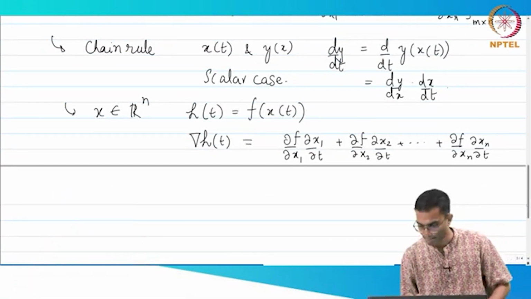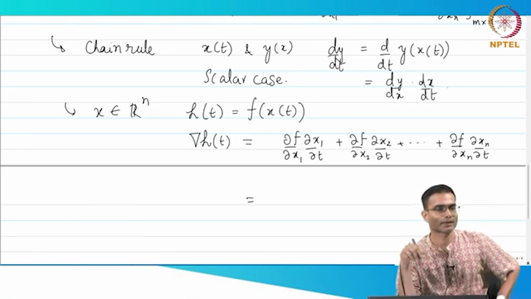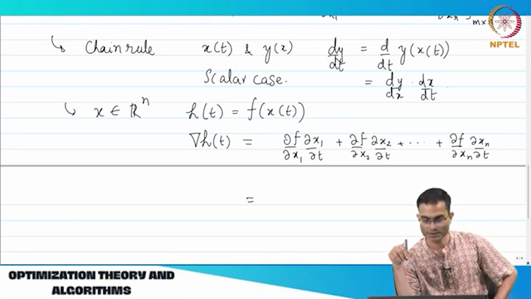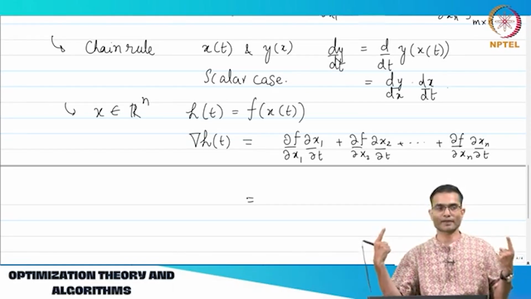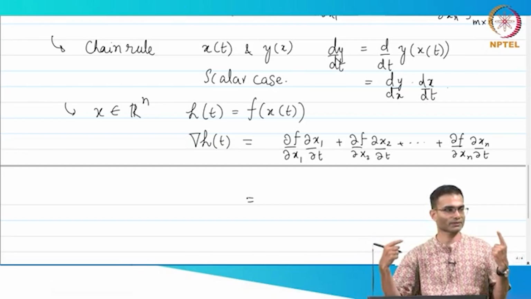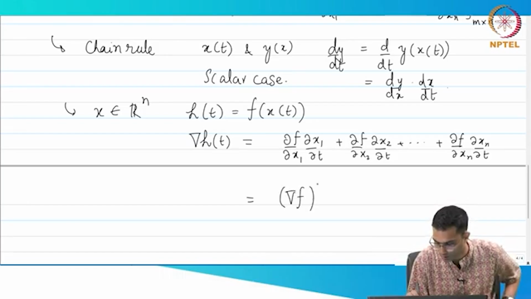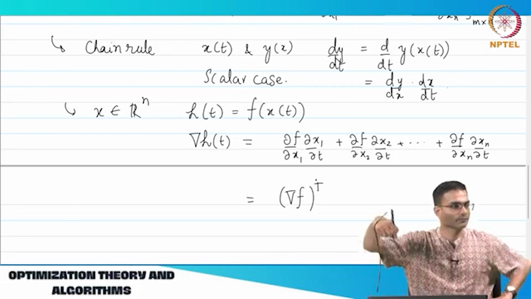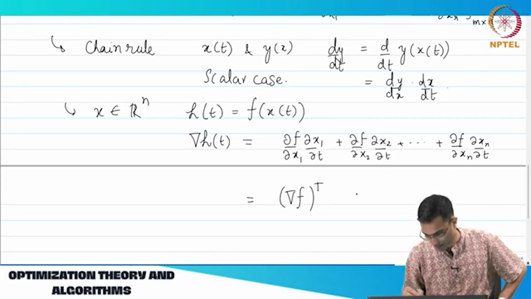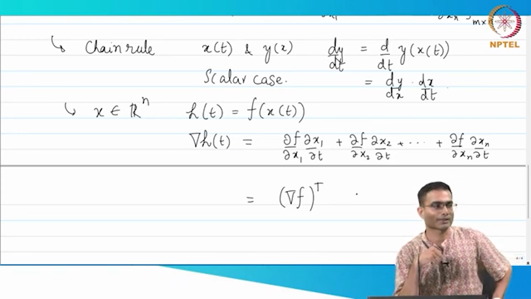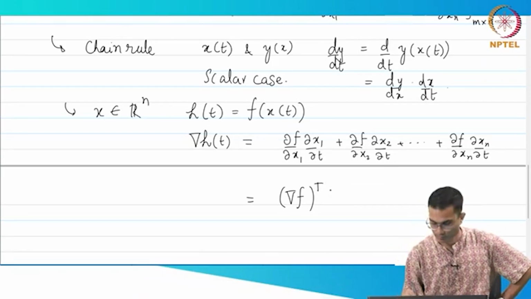And often this is a little cumbersome to write like this, so we can write it in shorthand notation. So, does this look like the inner product of two vectors? It does. What is the first vector? Grad f transpose, and what am I multiplying it by? Grad x is not the correct notation over here. We'll just call it delta x, let us say.